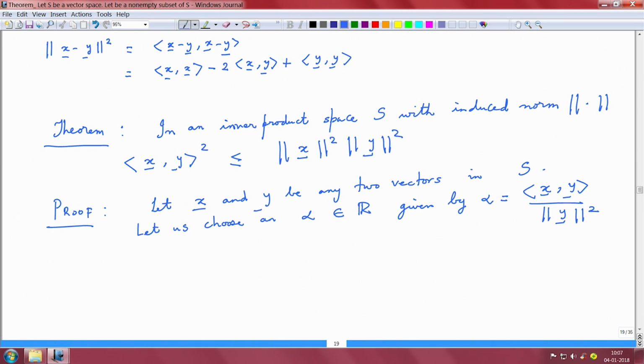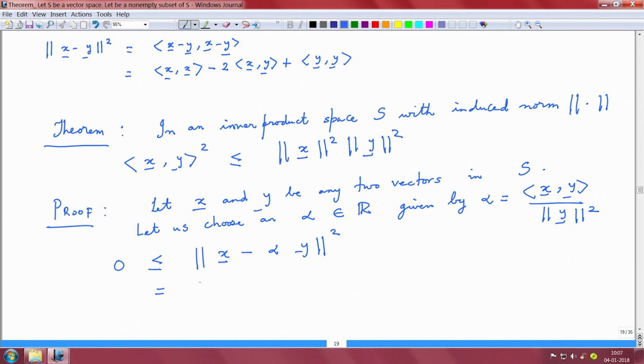Now, we know from our basics that the norm is 0 or it is positive. So, therefore, 0 is less than or equal to the norm of x minus alpha times vector y, squared. So, let us expand this norm.